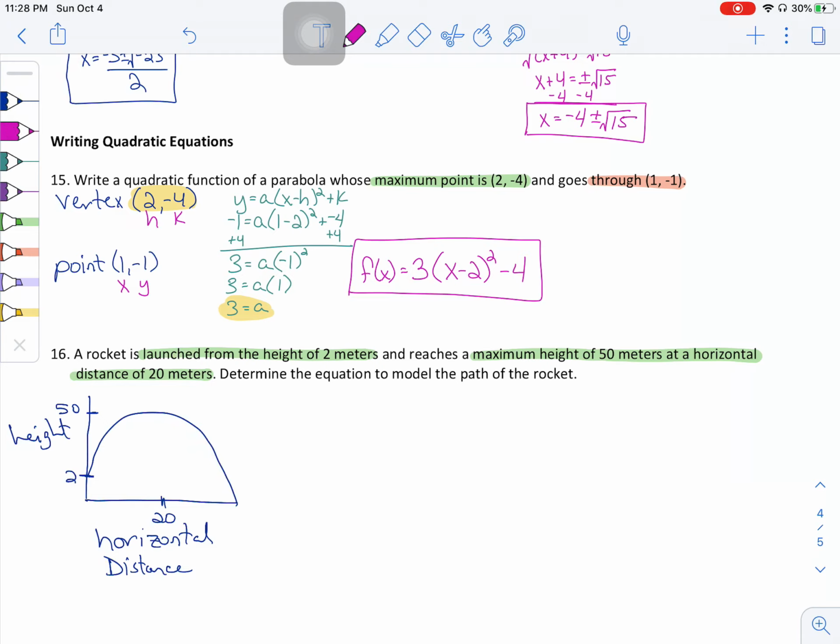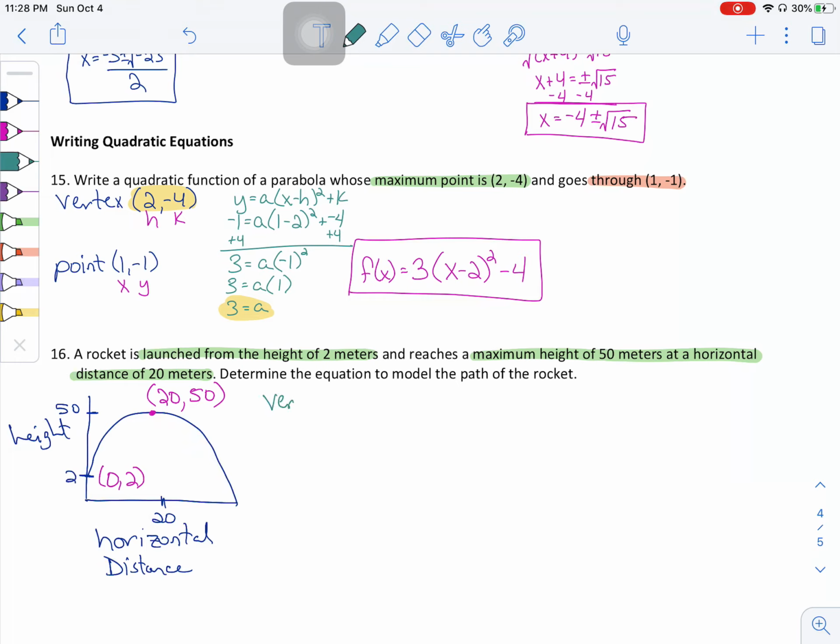So now I want to use these pieces of information and write some ordered pairs. So when the rocket is launched, its horizontal distance, it doesn't have any. It's at its launch position, but it is 2 meters off the ground. Its maximum height is at a horizontal distance of 20 meters with a maximum height of 50. So make sure you put those in the right order so you get your x-axis first and then your y-axis values.